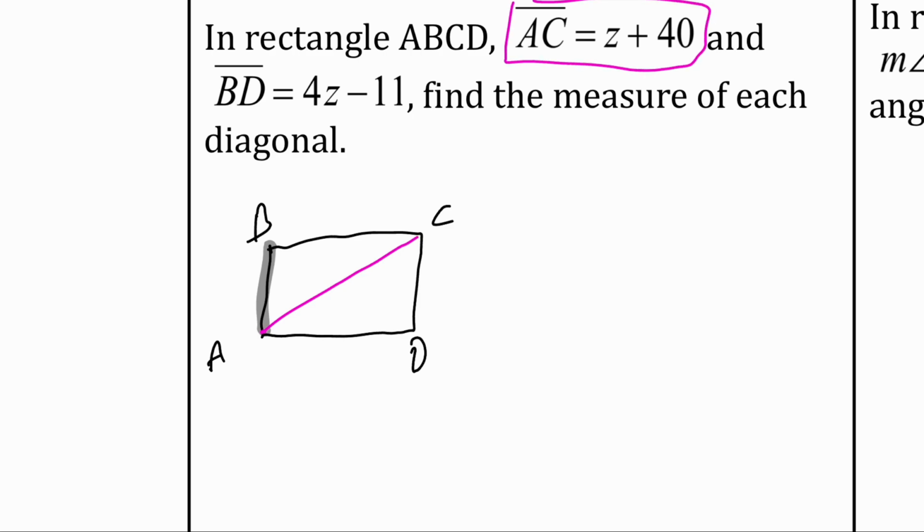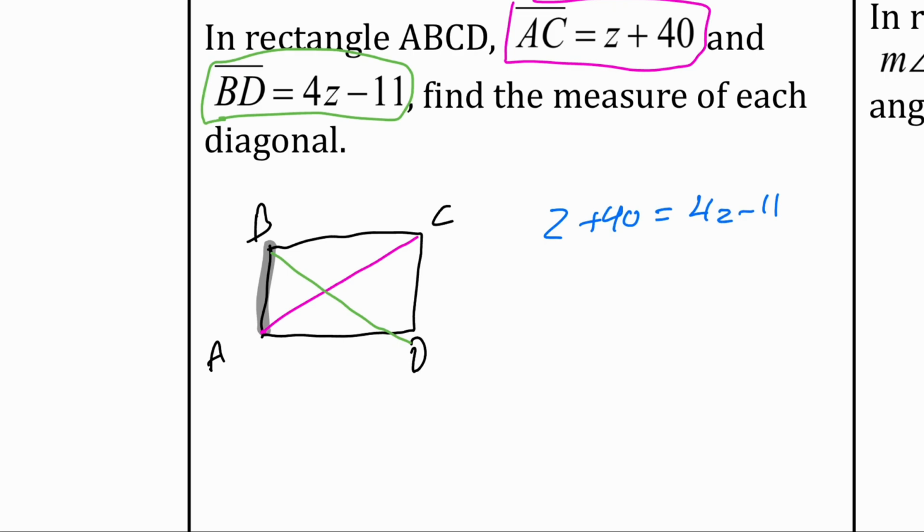Then they also tell us that BD, this diagonal right here, is 4Z minus 11. Now, the property that we're interested in is that diagonals are congruent. So we know Z plus 40 is equal to 4Z minus 11.